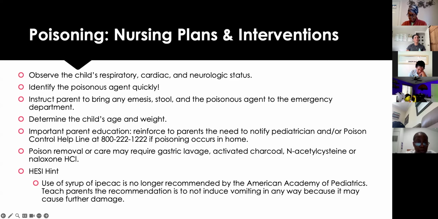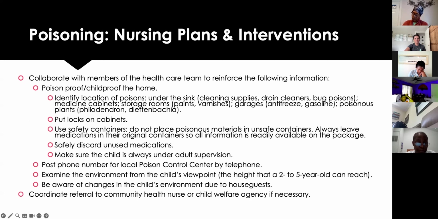Remember, we don't use ipecac syrup anymore because it doesn't actually neutralize that poison. So we induce vomiting, but we're actually causing more damage because we don't have that neutralization. We need to provide lots of education, making sure that parents are aware of all of the things that a child can ingest for a poison, making sure that they're stored appropriately.